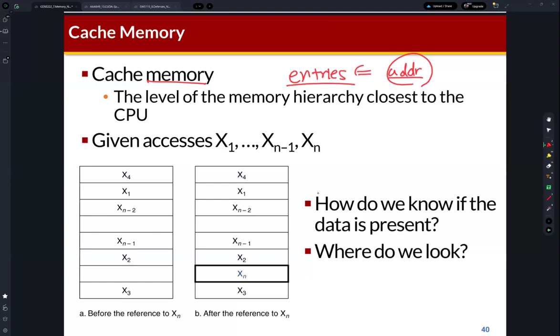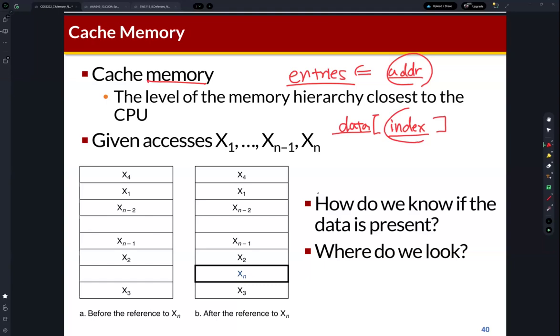Which means we can just access the cache like data. So it's a data array, and this data array is accessed by index. So actually for the cache memory, instead of address, we use cache index.